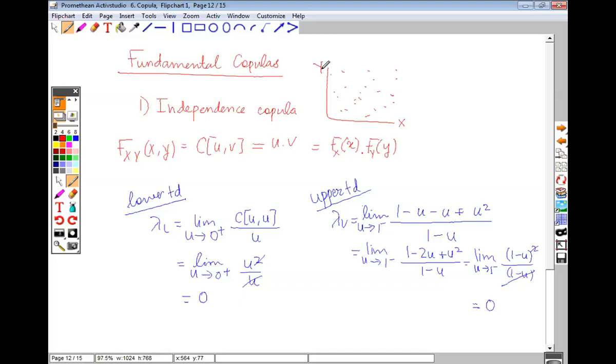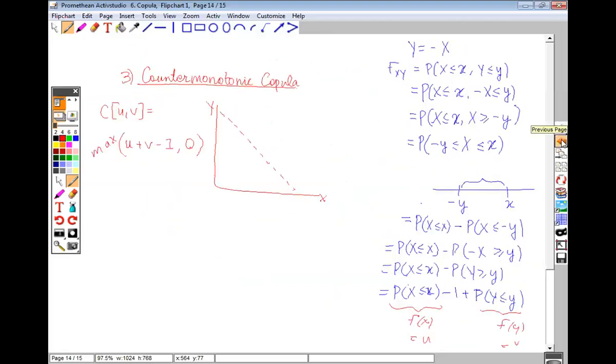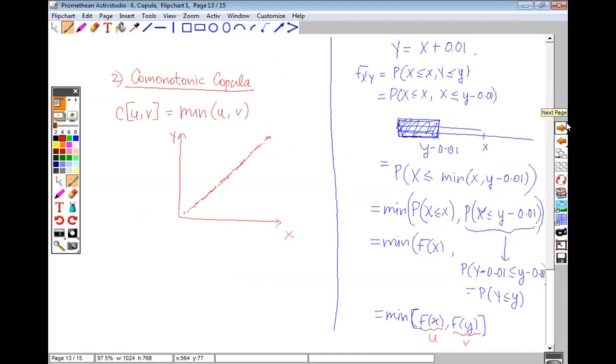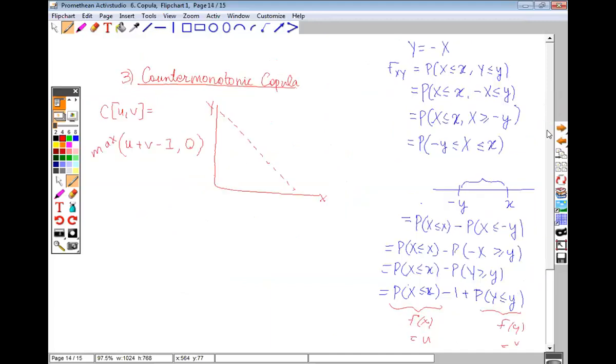So now what I'm going to look at is the copula itself. I think we should first look at the counter monotonic copula.